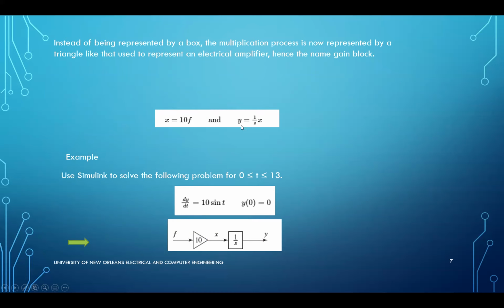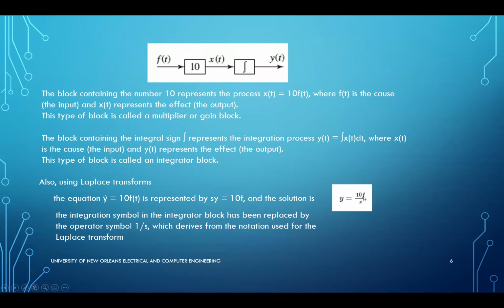So using this Laplace transform method, x is still 10 times f, and y will be x over s, because x is 10f. That didn't change. X is still 10 times f, but now y is equal to x over s. So doing it the Laplace transform way changes the representation of the integral in the time domain to just a division by s.